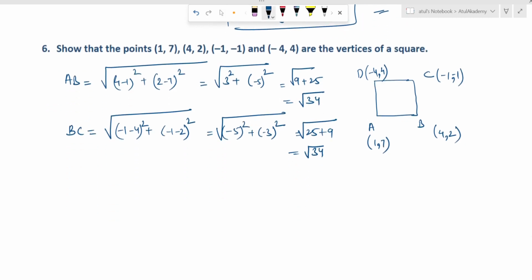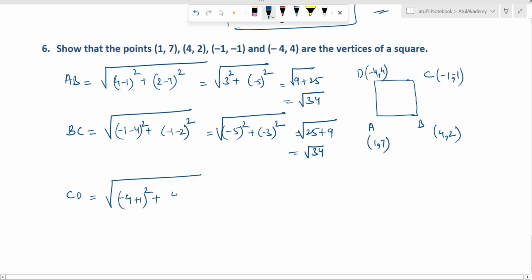Now let's find out CD. CD will be (-4 - (-1)), which is minus 3, whole square, plus (4 - (-1)), which is plus 5, whole square. Okay, I hope it's clear. So that will become minus 3 square plus 5 square.